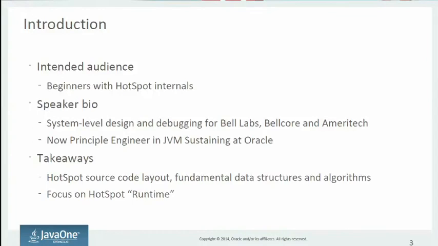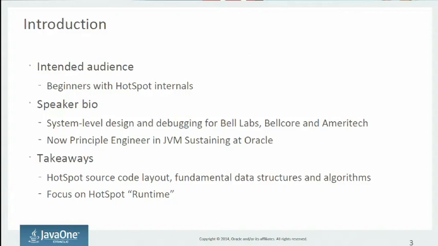Okay, as I said, the hope is when you come out of this, you'll have some sense of how the HotSpot code is laid out, some familiar places to go to, some of the important files, some of the important definitions that are in there, some of the important algorithms and data structures that are defined.